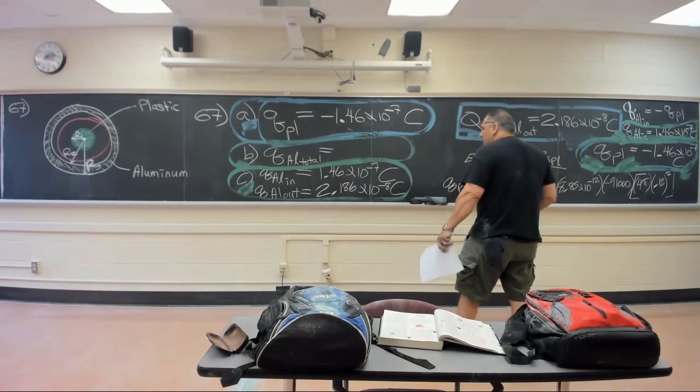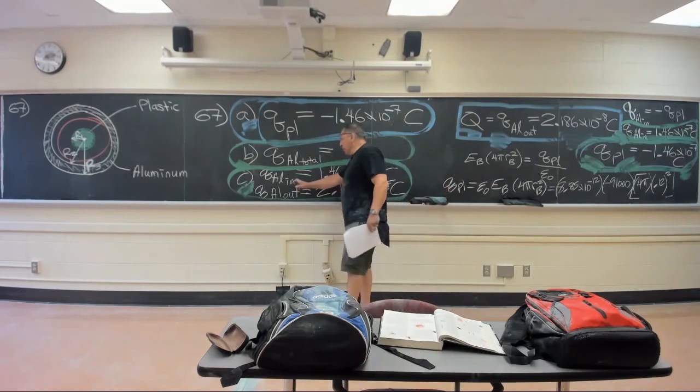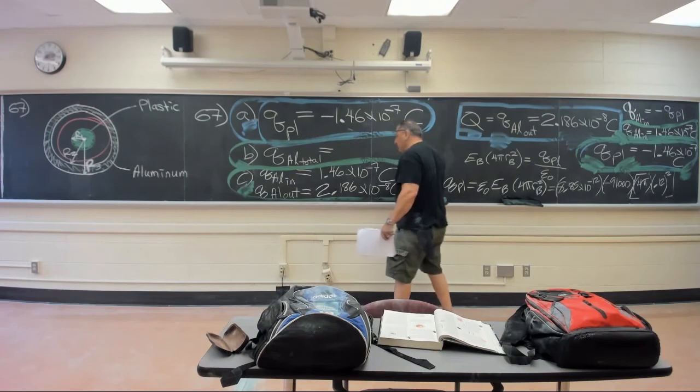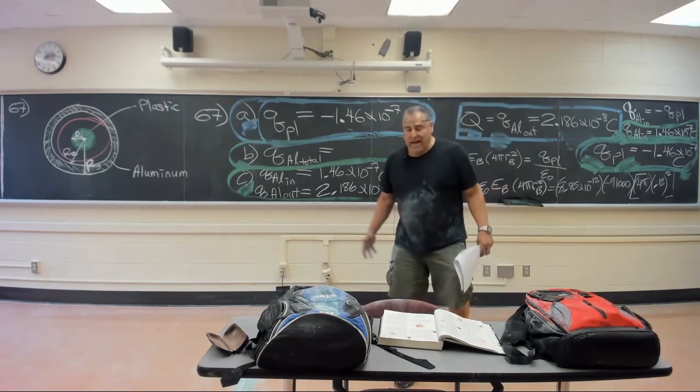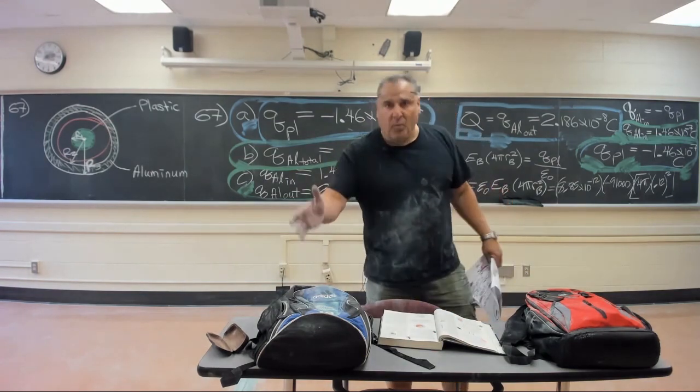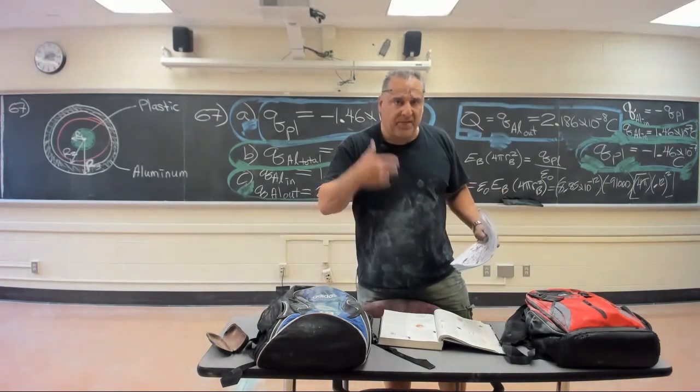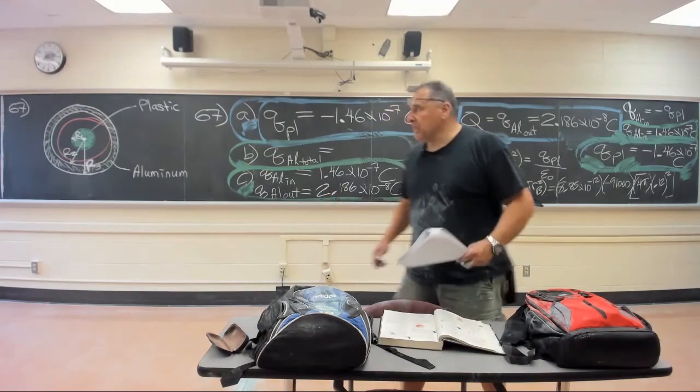Why don't you add Q aluminum in plus Q aluminum out? They're right on it, aren't they? One's in, one's out, but they're both on. One's on the inner, one's on the outer.